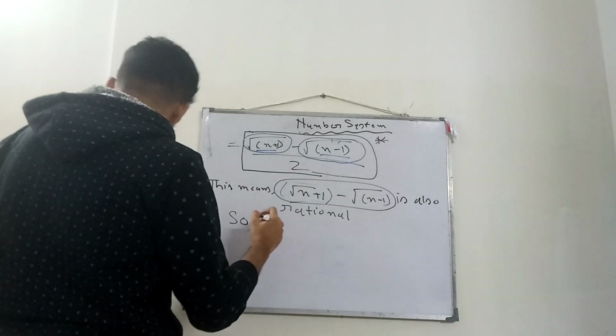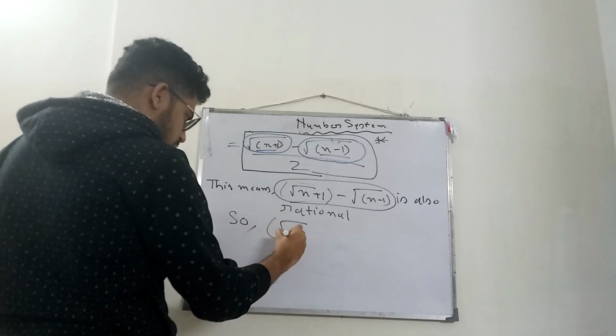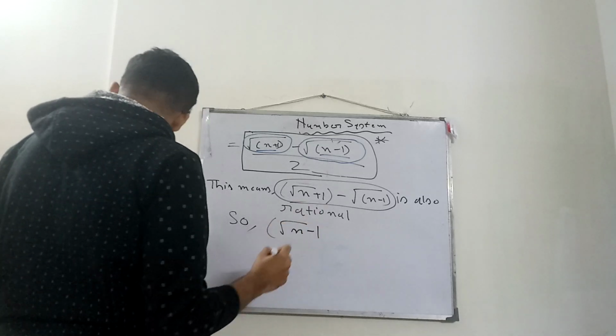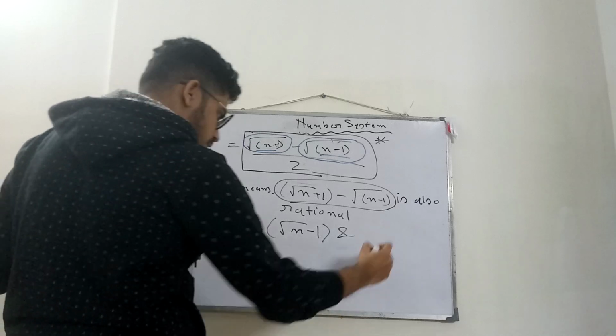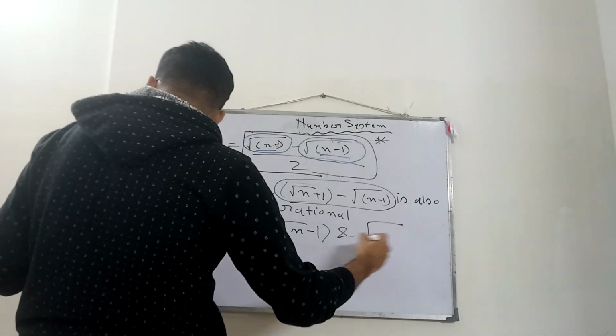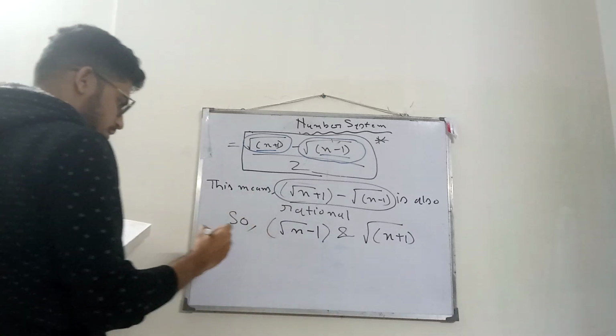So root n minus 1 and root n plus 1 are also rational.